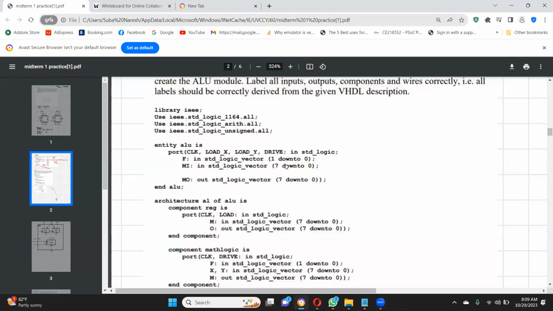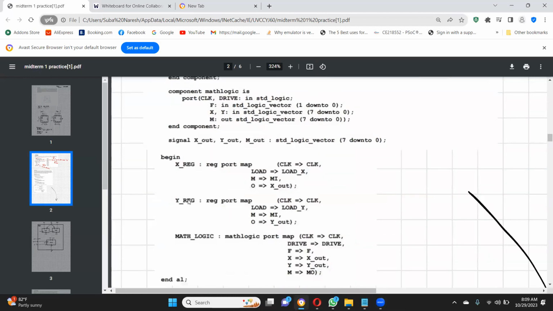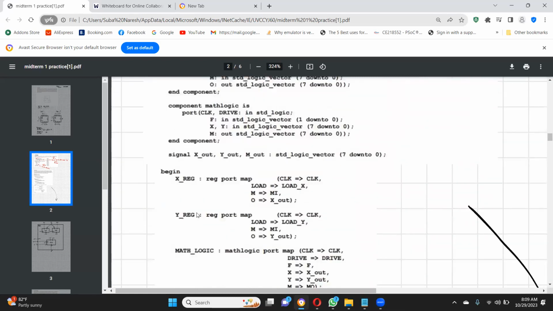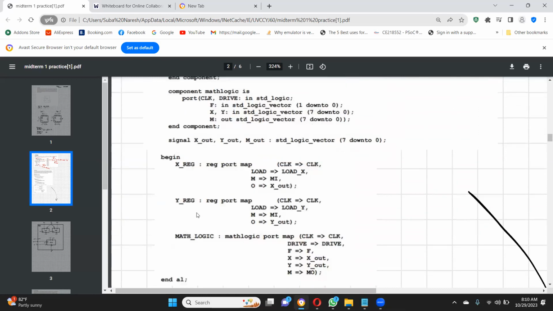So I have an 8-bit ALU. What is F? F may be some function unit. F is 2 bits. F is going to decide the type of operation that you want to do on the ALU. Wait, I'll explain this.